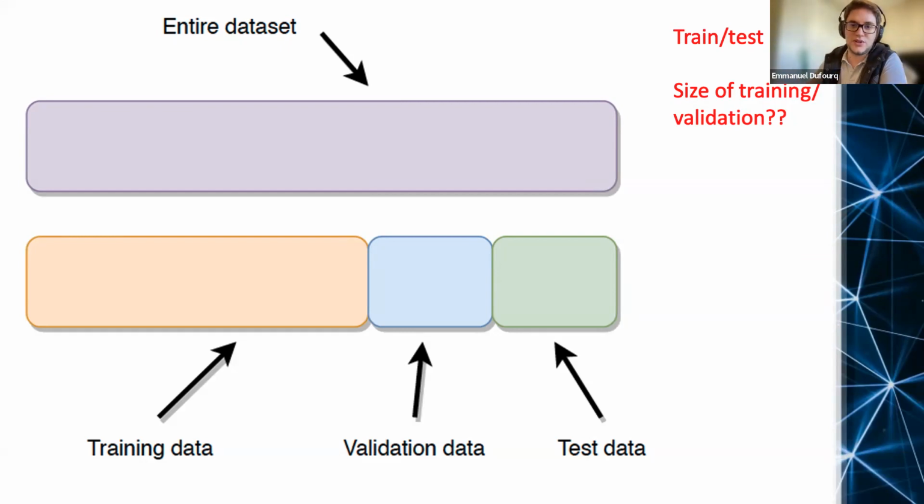Now we tweak the parameters a little bit, and we repeat this again. We train the tweaked model on the training data and evaluate on the validation data. That was our second model. Now we tweak the model some more, and we repeat this process many times until we are satisfied with the performance on the validation data. When we're satisfied, then we apply it on the test data, because now it's fair, because we only execute on the test data once, because the test data is like future data.